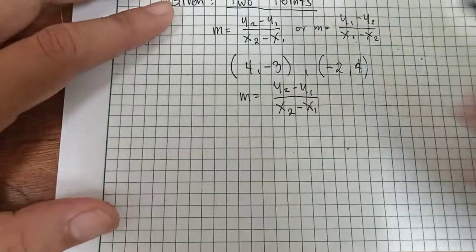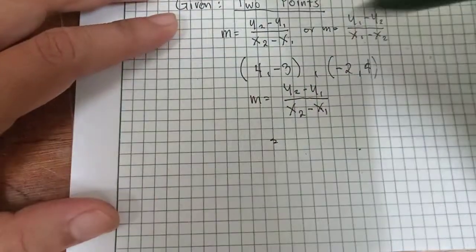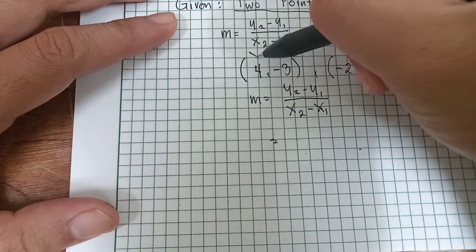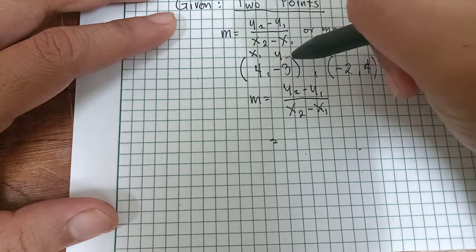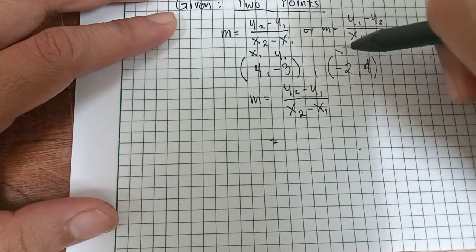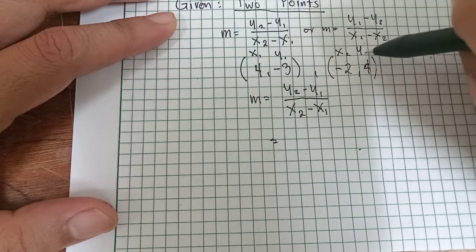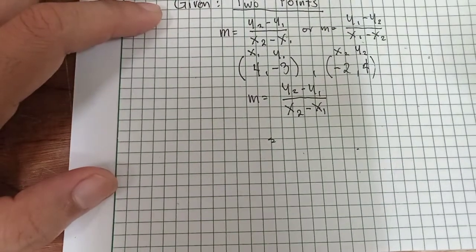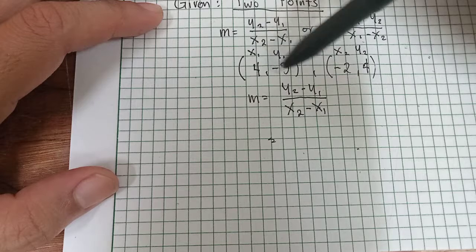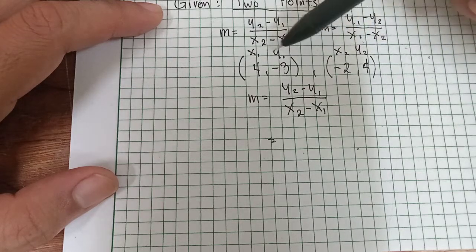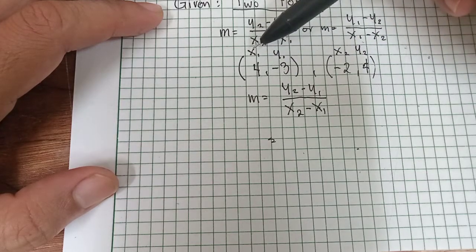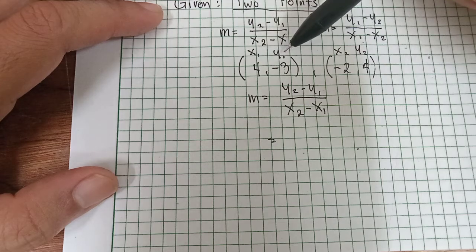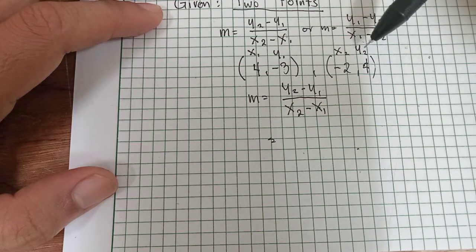Okay? So since this is our first point, this will be our x sub 1, this will be our y sub 1. Our second point, this will be our x sub 2, and this will be our y sub 2. Okay? So what we're going to do is just substitute again. Since this is our first point and our second point, the first point will have our first x and the first y, the second x and the second y.